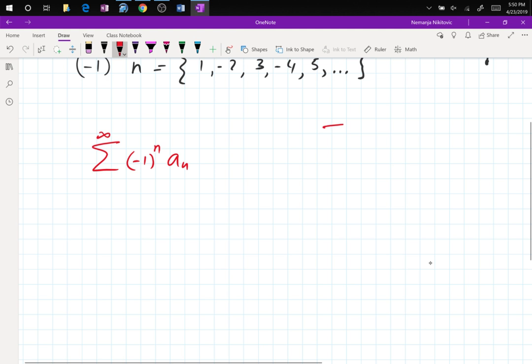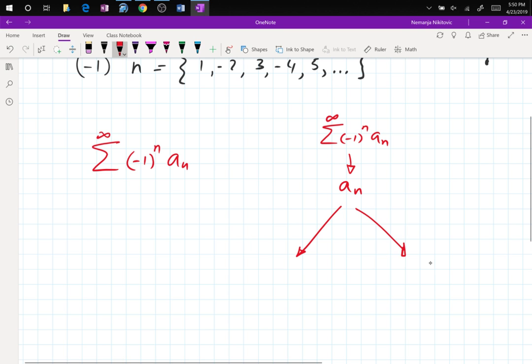You start from the problem that is given to you, and then you look only at the sequence an. You disregard the sum, you disregard the alternating term, you completely disregard those, and you just look at the sequence an. Then two things can happen.